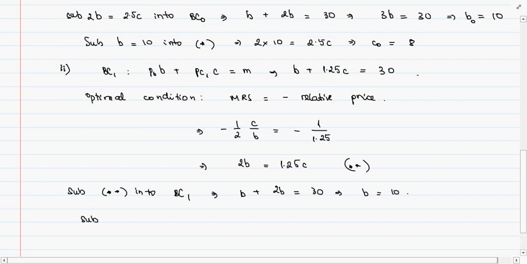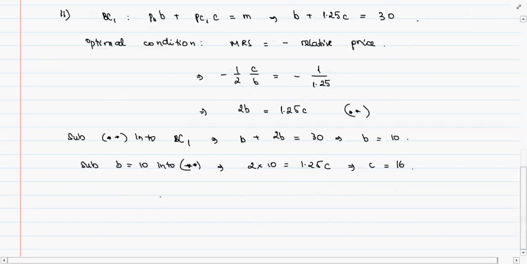And so if I substitute B equal to 10 into my double star equation, then I get 2 times 10 equal to 1.25C, and so therefore C is going to be equal to 25 divided by 1.25, which is 16. Okay, so the new consumption bundle is where B equal to 10 and C equal to 16, so call it B1 and C1.